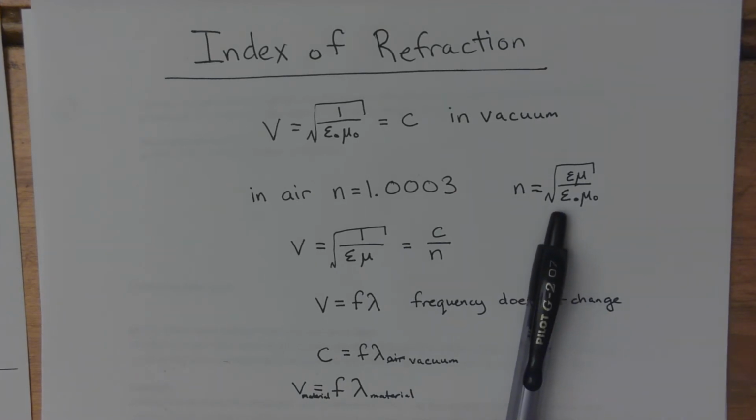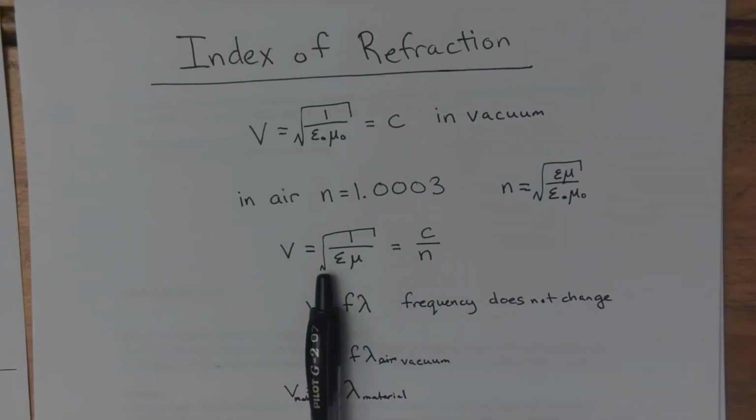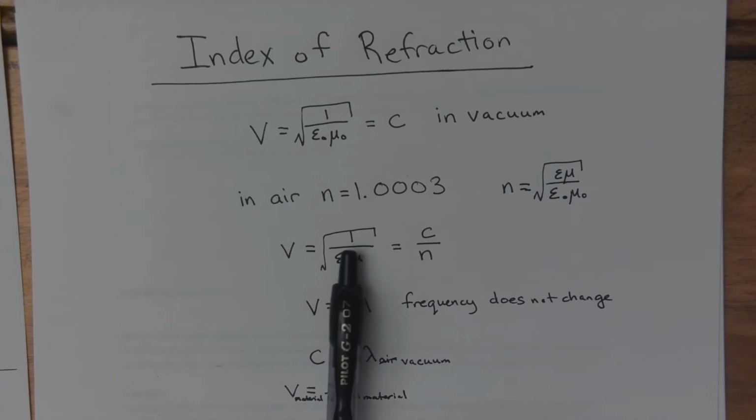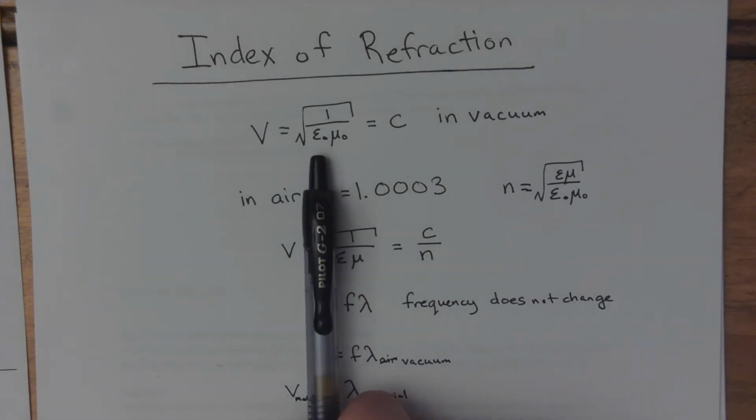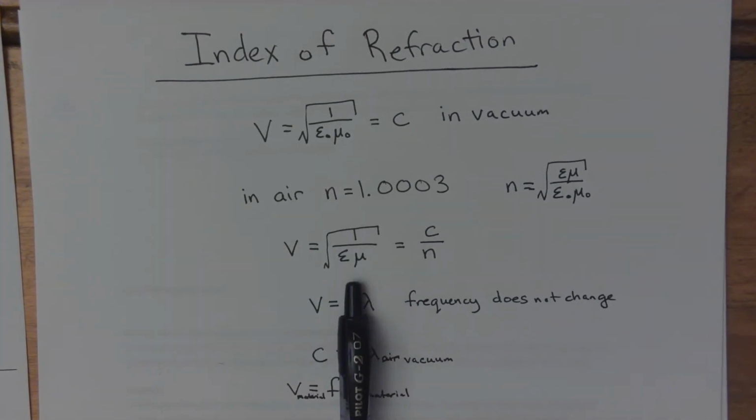Now if you're not in vacuum, the speed of light in that material is equal to 1 over the square root of epsilon times mu. So in a vacuum, it was the permittivity and permeability of free space, but in a different material, it would be the permittivity and permeability of that material.